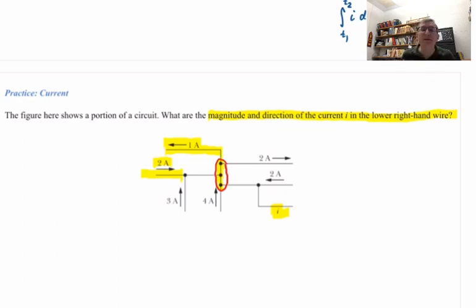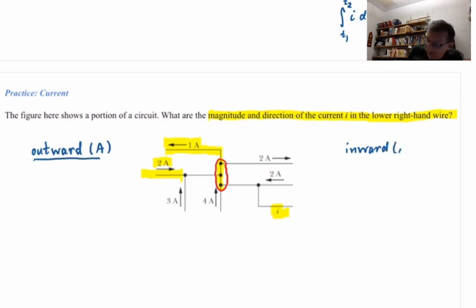That is simply based on conservation of charge. So all we're going to do to answer this is add up all the inward and outward currents in amperes. I'll make a table: inward current and outward current in amperes.